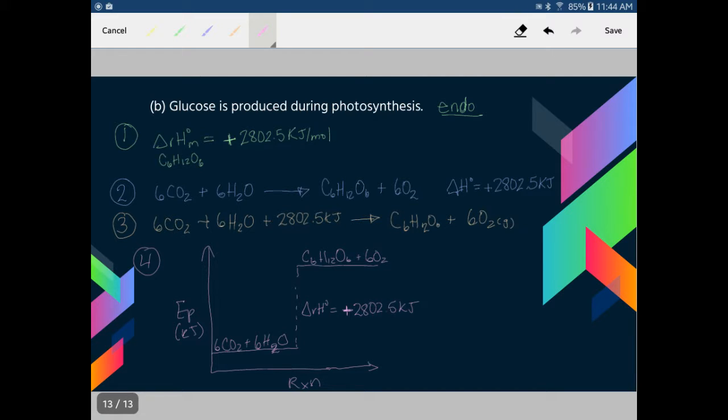Okay, so hopefully that is clear on the 4 different methods on how to record our changes in enthalpy. If you are not sure about a few of them, you might want to go back now and ensure that you're understanding the differences between the 4 methods.